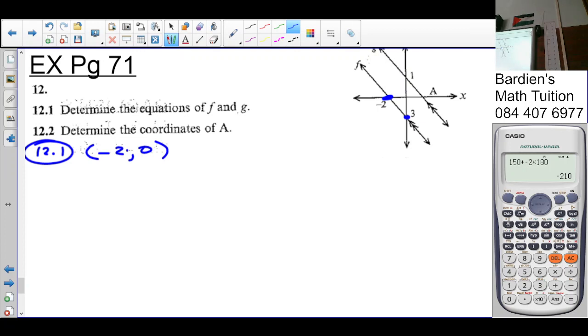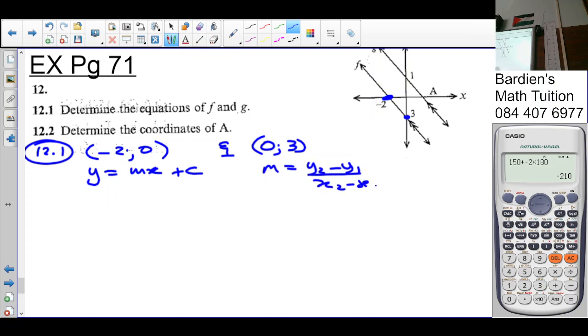And the other one? 0 and 3. So how do I determine the equation of a straight line? Must be in the form of y is equal to mx plus c. How do we calculate m? y2 minus y1 over x2 minus x1. Remember, if I make this x1, that's y1, x2, y2. All agree with that?